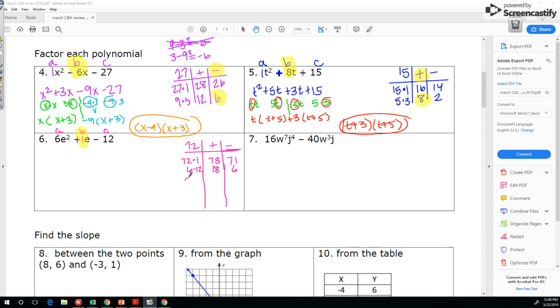Also, I know this is 2 times 36, which added together is 38 and 34 when you subtract. Okay, that's not it.